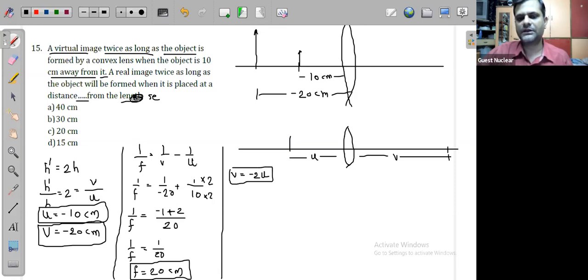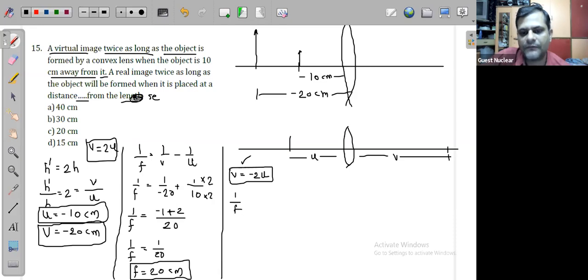Look carefully, here v is equal to -2u, whereas there we used v is equal to 2u. v is equal to 2u in the first case just because v was also negative and u is also negative. So the minus sign will not come there, but it will definitely come here because a real image is forming. The distance of a real image is always positive, while u is always negative. So in order to cancel out the negative sign of the object distance, we'll have to consider a minus sign in this equation.